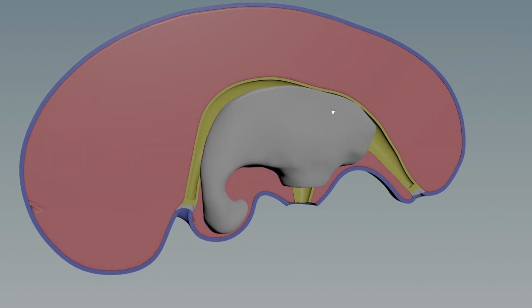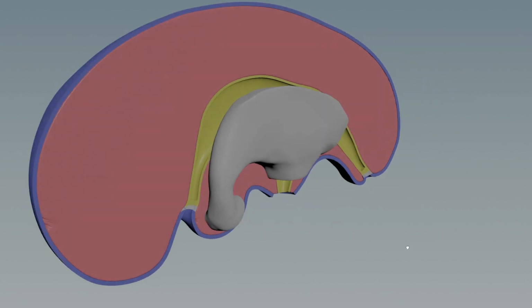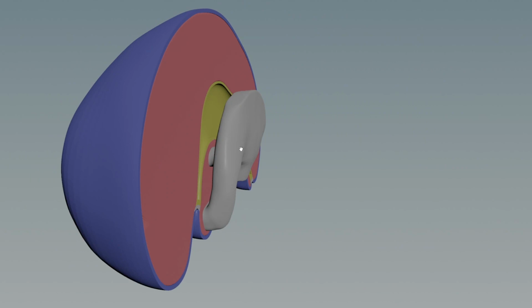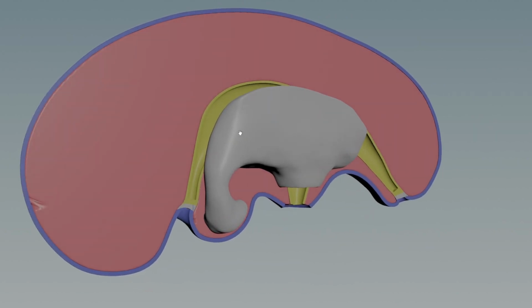And our abdominopelvic cavity is surrounding, remember there's another side to this, is surrounding the developing gut tube. And connecting them are those pericardioperitoneal canals.